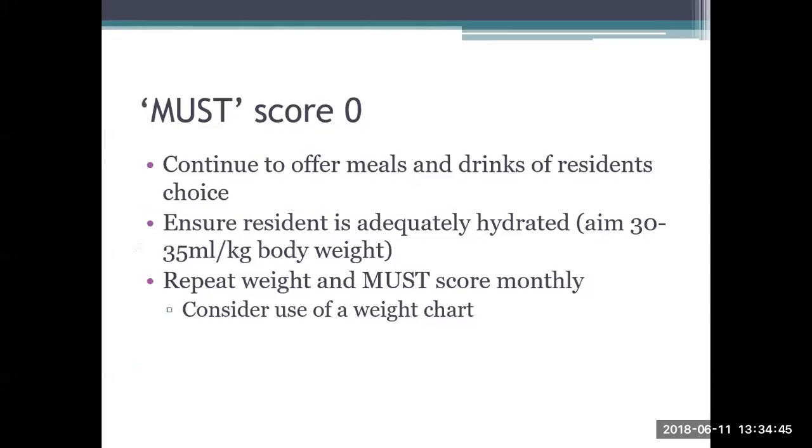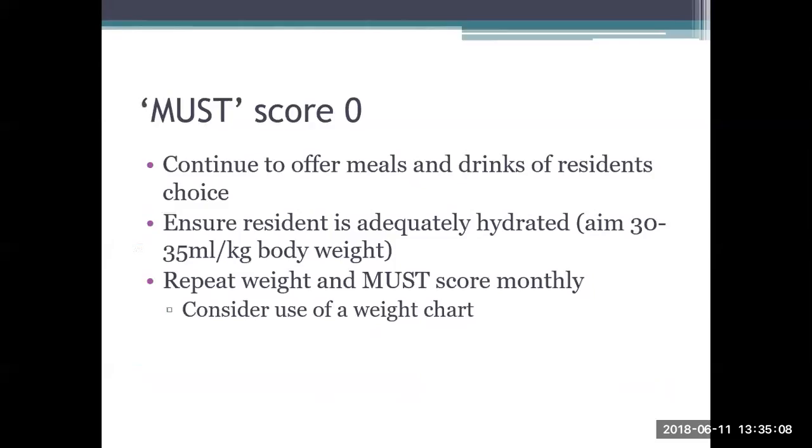And to repeat weight and MUST score monthly. So monthly weights and repeating the MUST score as well. But always, when you're recalculating the MUST, bear in mind what you've used to calculate the initial. So if you've used their up-to-date weight and a previous 3-month weight, you're looking to keep that consistent.